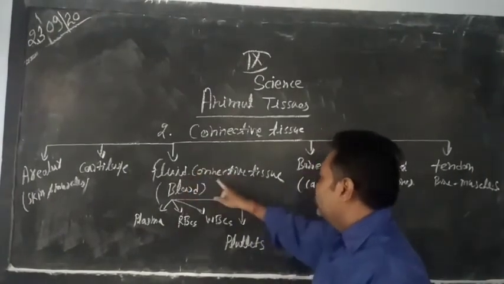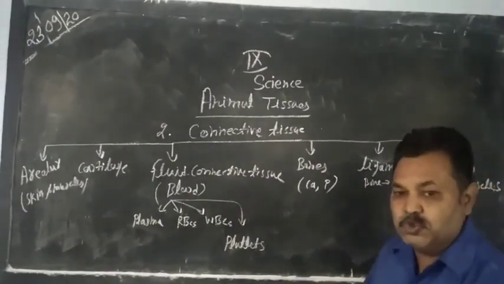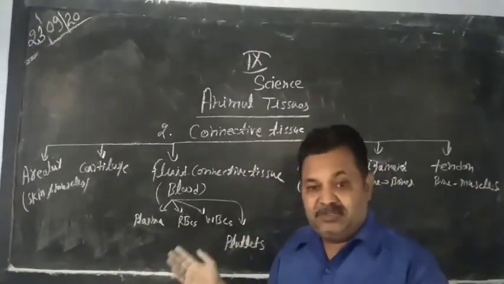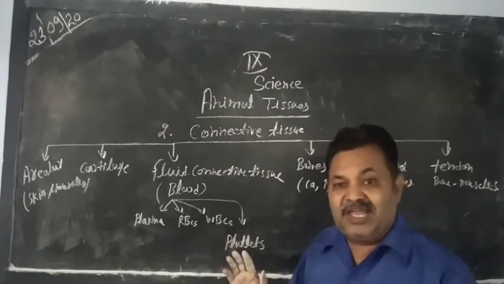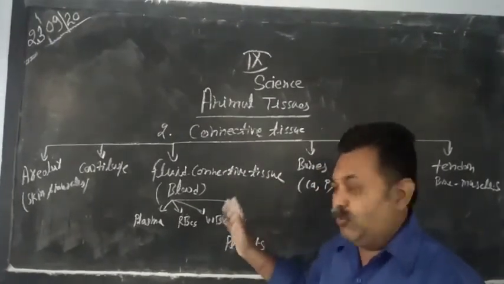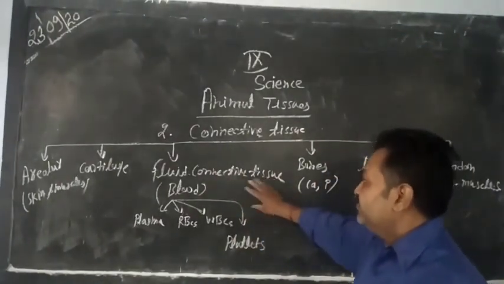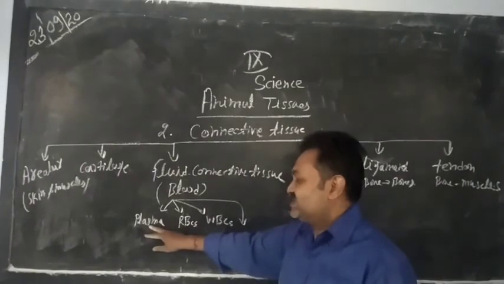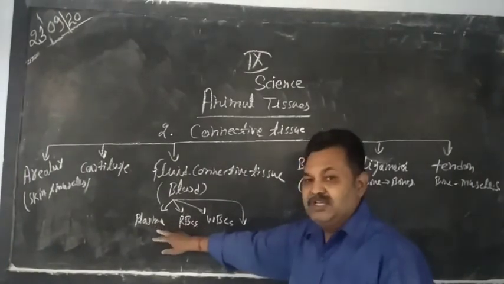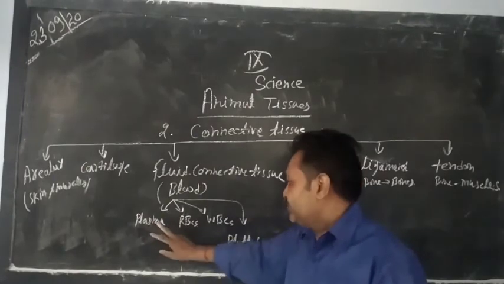Next one is fluid connective tissue. Blood is the example of fluid connective tissue which conducts oxygen and different nutritive substances to our whole body. So blood is the most important connective tissue. It is made up of the following cells: plasma, the yellowish part of blood, which has no RBCs.